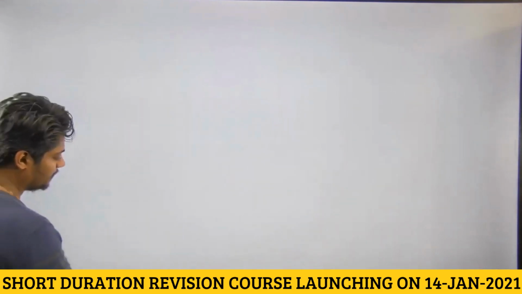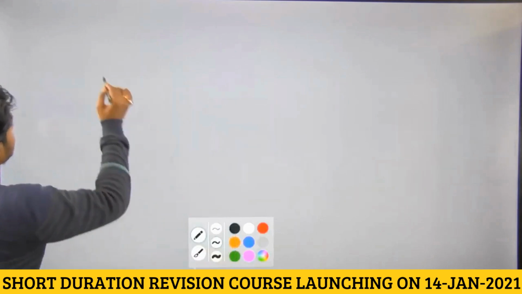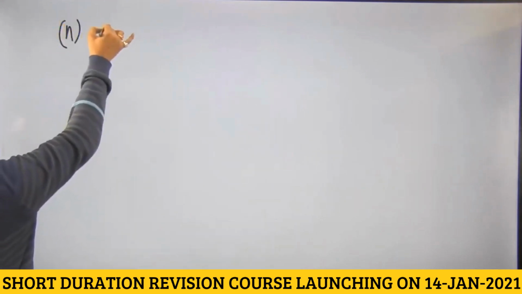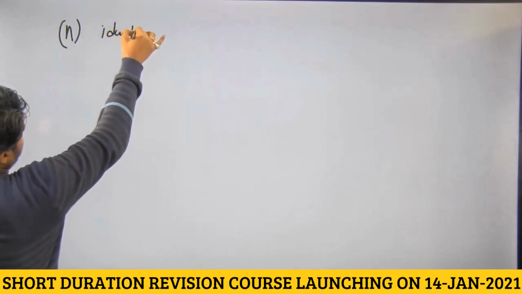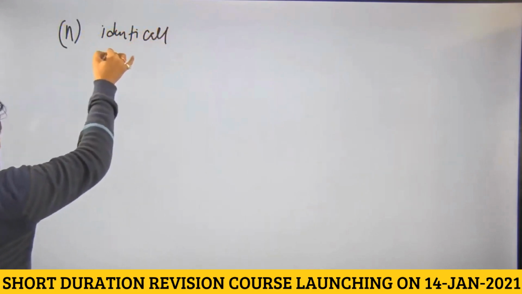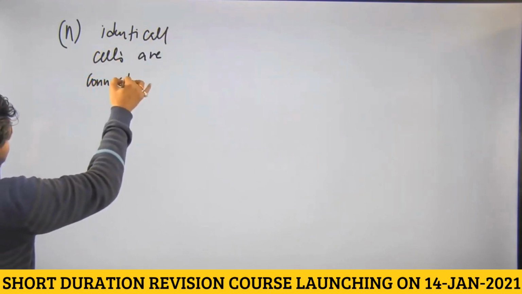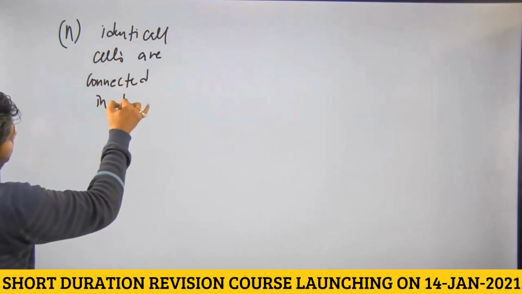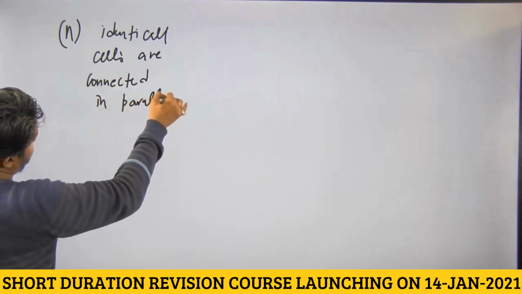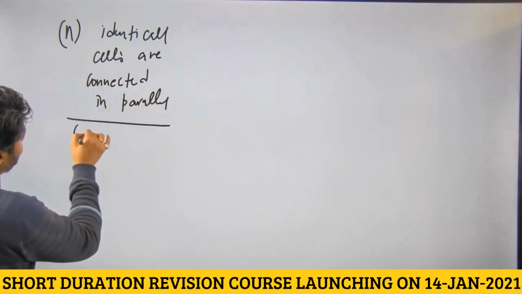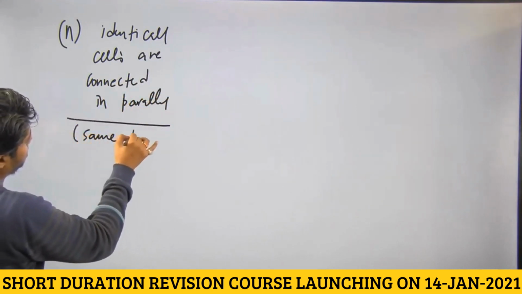Now let us see what if n identical cells are connected in parallel, with the same polarity, of course we assume the same polarity.